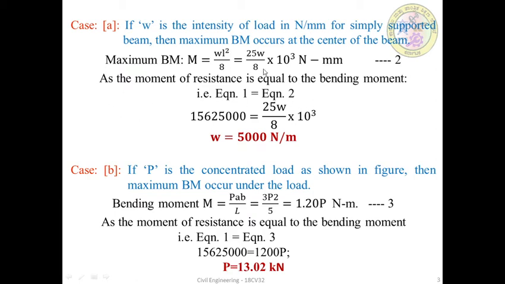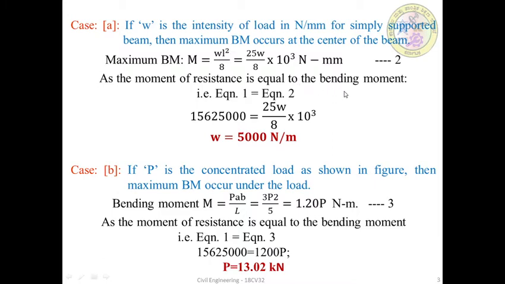Therefore, you have to equate these two equations so as to solve for the value of UDL required to maintain the equilibrium. Equation 1 represents the resisting moment developed by the material of the section, and the second one is the external moment due to the UDL.